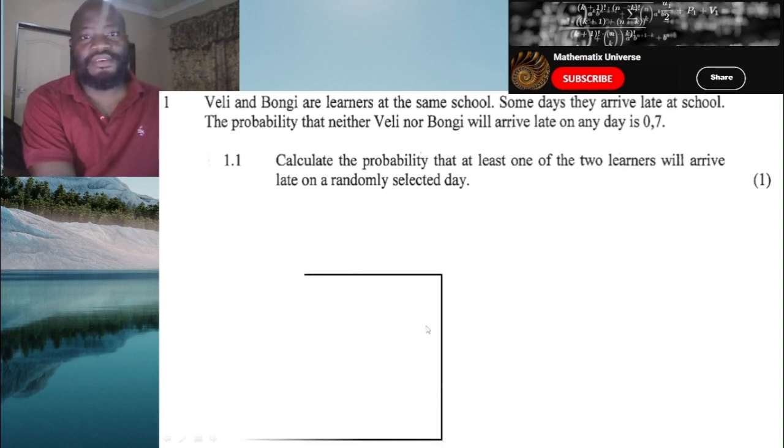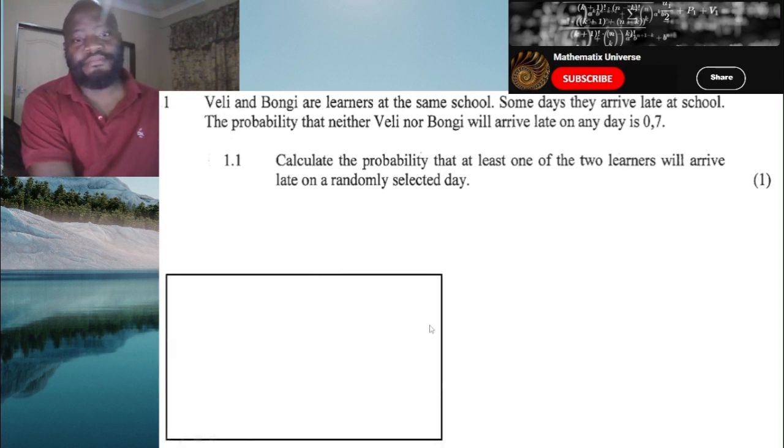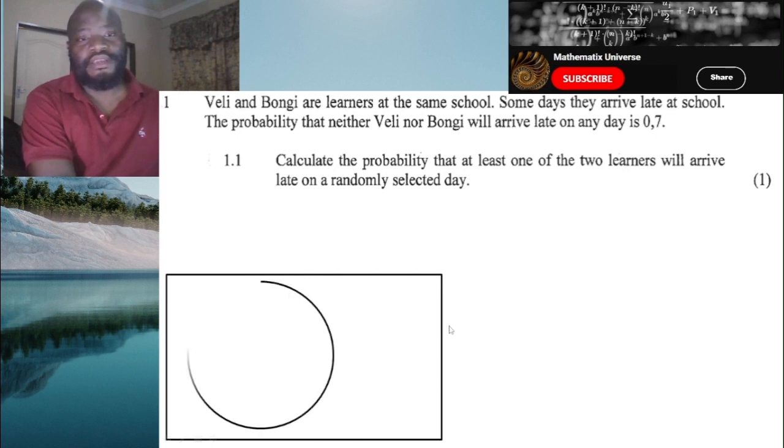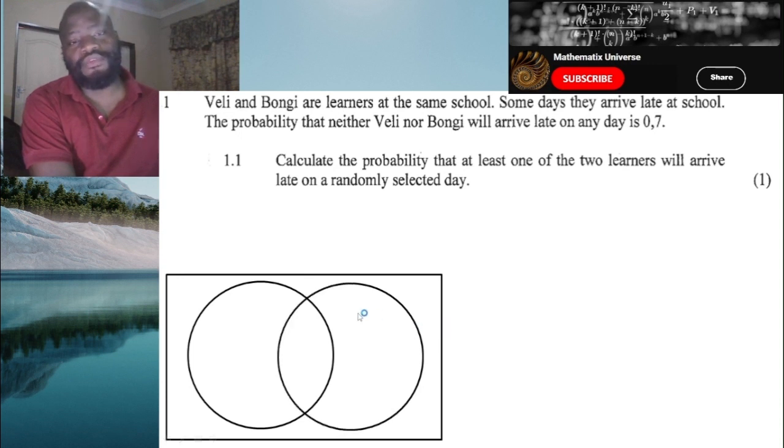So 1.1 only wants the probability that at least one of them is late. So to do this, we'll first draw a Venn diagram. Okay, so we'll have two circles to denote the occurrence of these two events.